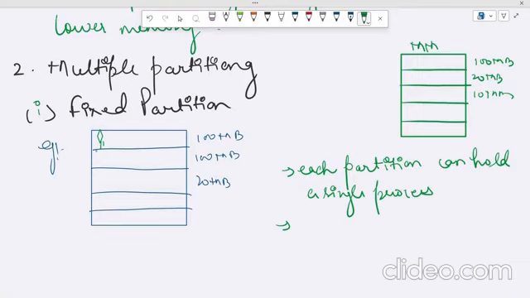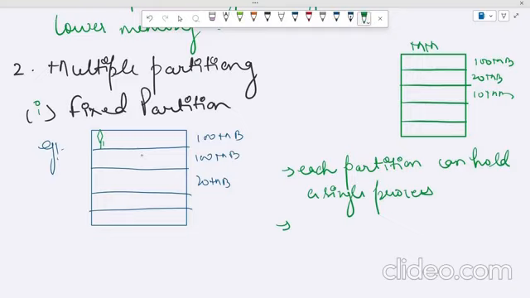Now, the number of partitions determines the degree of multiprogramming. If there are 10 partitions, then 10 is the degree of multiprogramming, meaning 10 processes can reside in main memory and 10 processes can be executed.